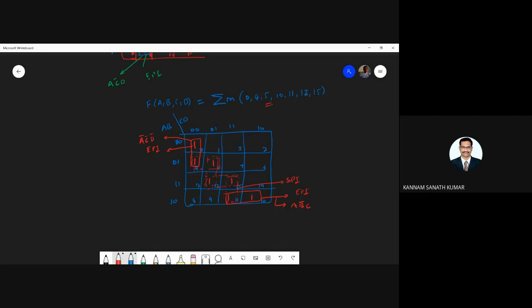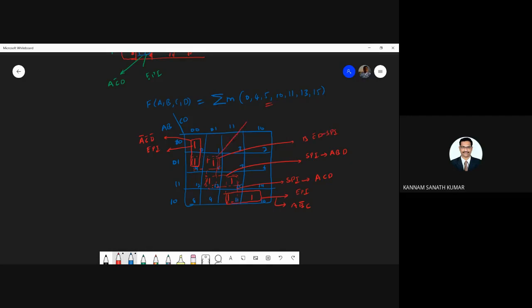If you want to write this one, which one is common? ACD. So this is a selective prime implicant, and this is one more selective prime implicant. If you want to write, this is A B, so ABD. This is one more selective prime implicant. The vertical part is B C bar D. This is one more selective prime implicant.